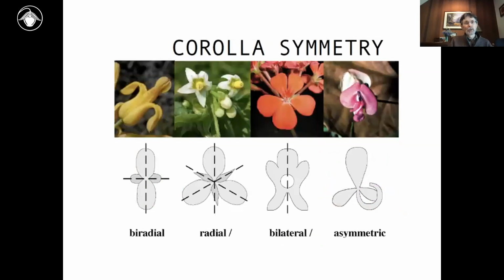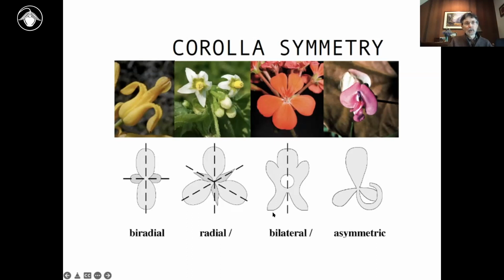All right, so corolla symmetry and symmetry of the flower in general is another feature that's really important. So most flowering plants have their flowers organized in a way that has radial symmetry, like you see in this nightshade, where you can cut the flower down the middle in one of multiple planes and get 2 equal halves, like a starfish.